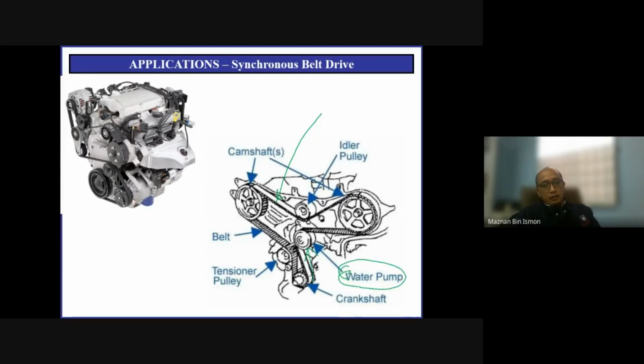So one belt can connect to water pump, alternator, camshaft, and probably the crankshaft and some other thing lah. So it means that is the synchronized belt drive. So keburukan dia adalah bila satu putus, then sistem semua tak boleh jalan lah.